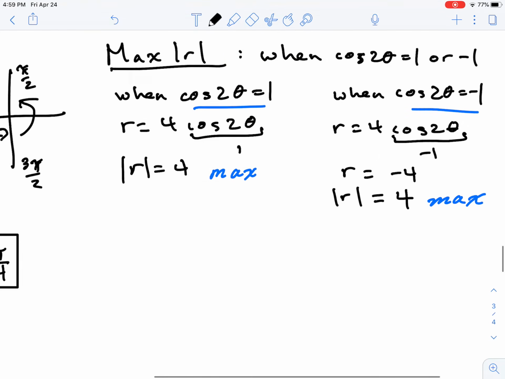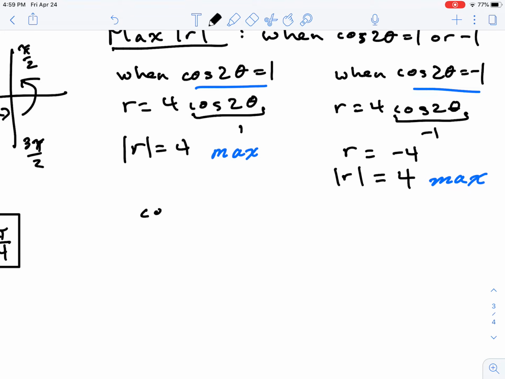Well, let's express that trigonometrically. So we can say that cosine of 2 theta, if it's either equal to positive 1 or negative 1, then we're going to get our maximum r values. We just established that in the work above. So we can say 2 theta is equal to 0. Well, where does that occur? Pause the video if you need to, but think about this.